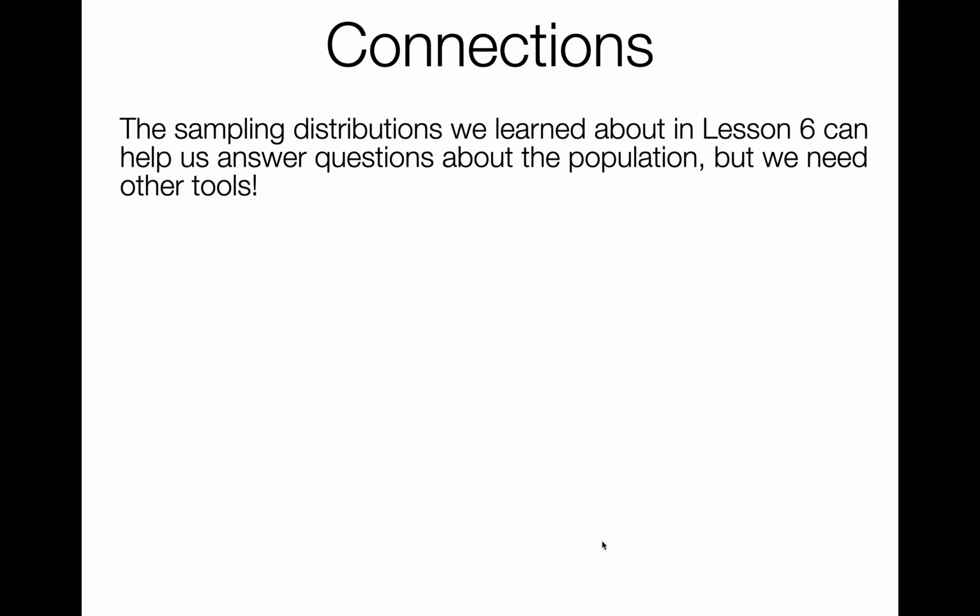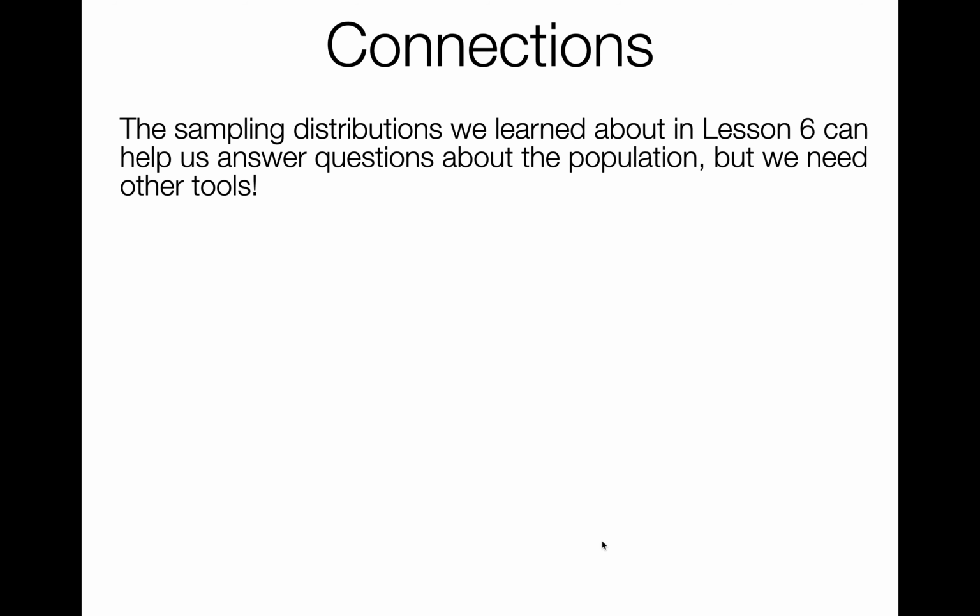And I'd of course take a sample because I can't poll everyone, and hope that the connection from the sample to the population is not too weird. Hopefully my sample represents the population well and I can get a good estimate there.